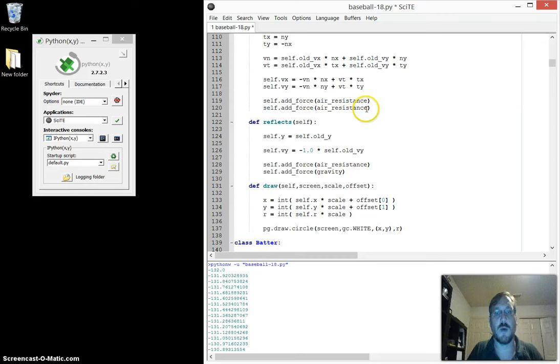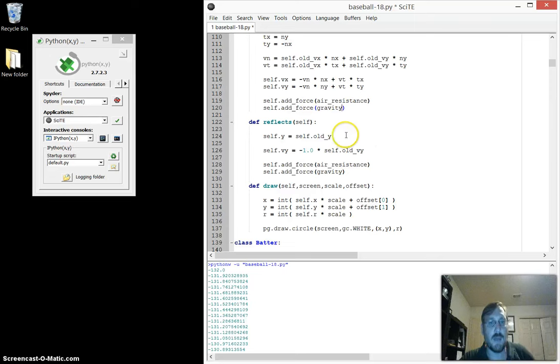Since I'm doing that twice here, that's probably not good. What I really would like to do is store these forces in a list and just go through them all each time, have them just stored in the ball. And again, if I ever get to a Unit 5, then I'll add it into Unit 5, and we'll be okay with that. But I'm not going to do that right now.